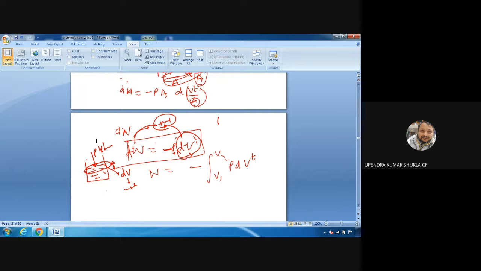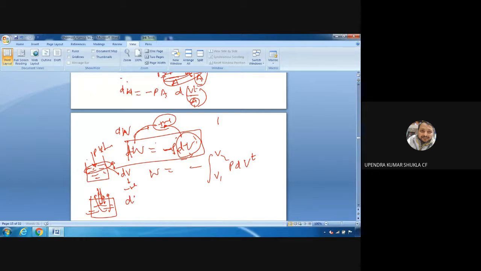अब सपोज एक्सपेंशन होगा तो कैसे लिखोगे? Suppose this is the fluid and expansion is happening. The fluid reaches right here. So for the expansion process, we are applying the force in this direction, suppose, and expansion happens, fluid goes this way. So if expansion happens, both are in negative direction. So volume increases, final volume.